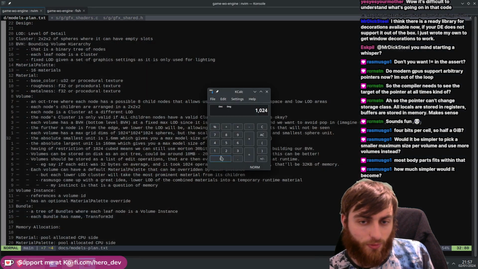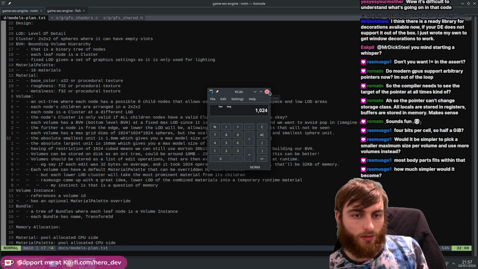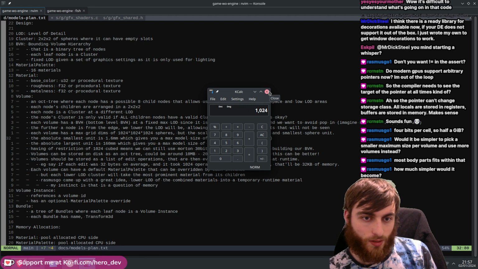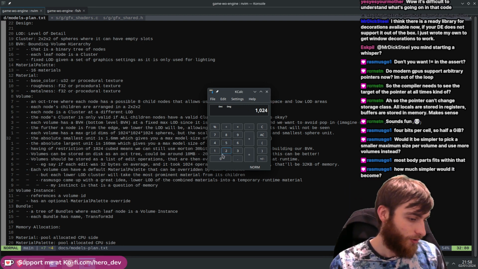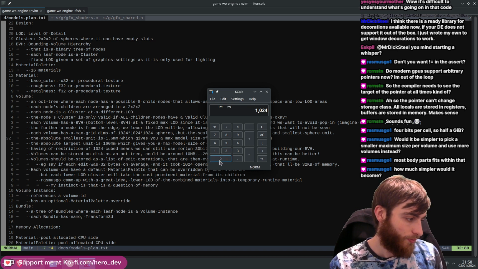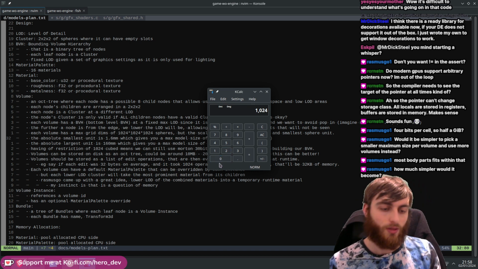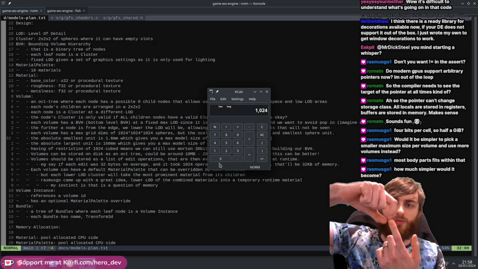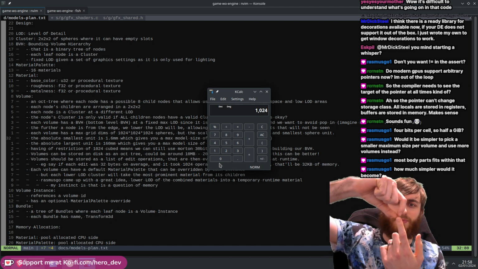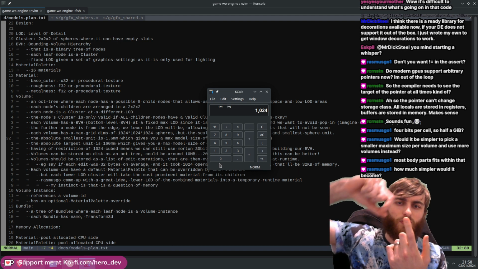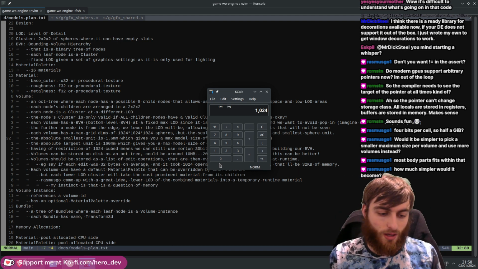How much simpler would it become? That's a good question. Because if we did a restriction of 4 mil, which is still quite small, right? 4 millimeters. I haven't got a ruler here, but that ought to be good enough. For my finger, you could probably put like 3 or 4 spheres across it, and that might be enough.